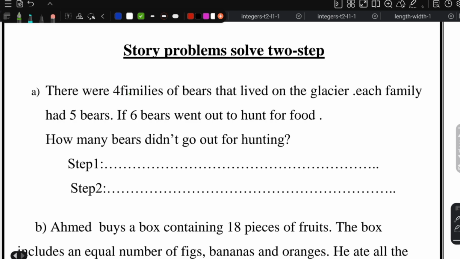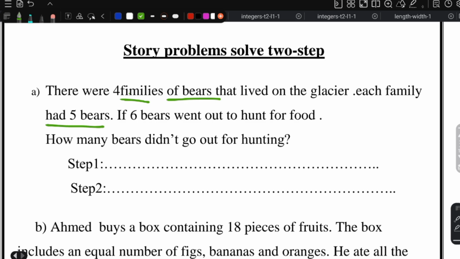So in the story problems in 2 steps, the first one, letter A: there are 4 families of bears that live in Glacier. Each family has 5 bears.